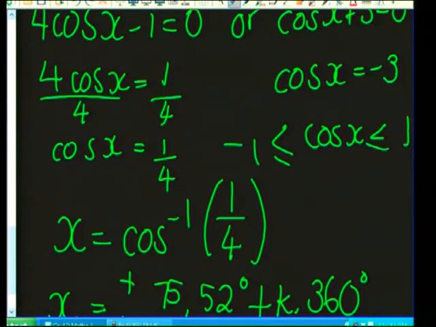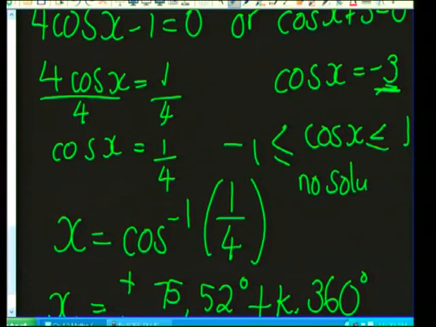So anything smaller than negative 1, which in this case is negative 3, will give you an error. And anything bigger than 1, so it could have been 5, would also give you an error. So there's then no solution. Remember, guys, don't just leave it at that. You have to write no solution, because writing no solution means that you've actually answered the question.